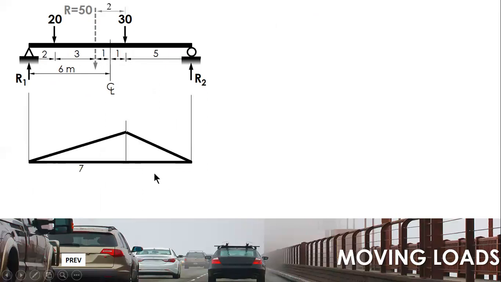So 7 and 5, A times B over L, 35 over 12. Then the loads, 5, with a clearance of 2.